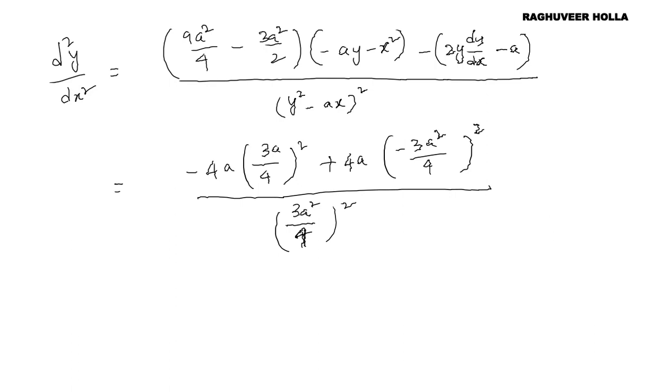Now this gives the result as minus 6a cube multiplied by 16 by 9a power 4, which is equal to minus 32 by 3a.